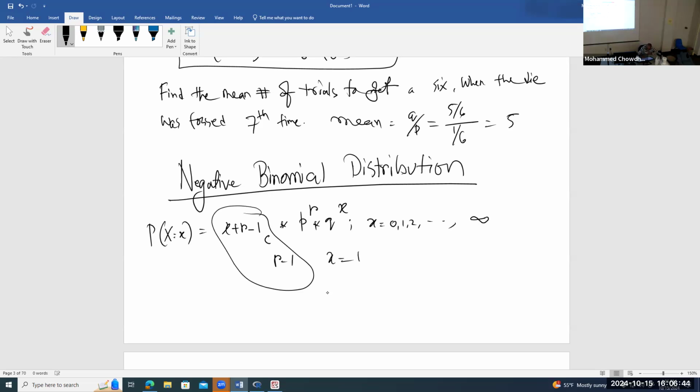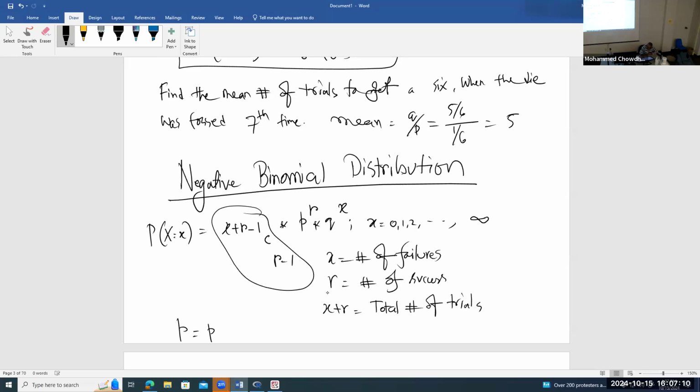X equal to number of failures. R equal to number of successes. X plus R equal to total number of trials. P equal to probability of success, Q equal to 1 minus P equal to probability of failure.